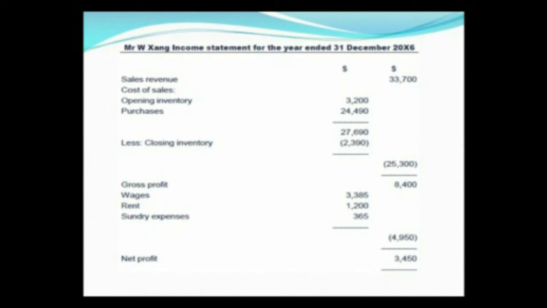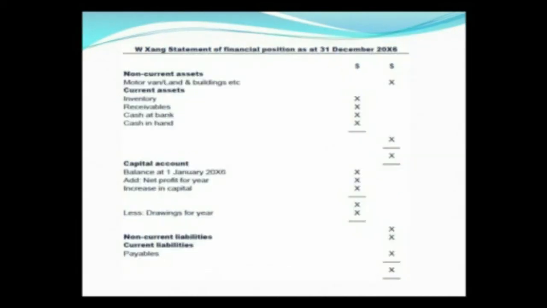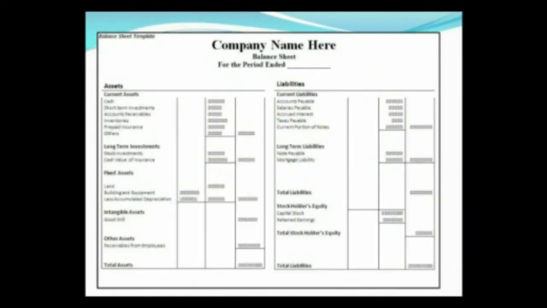From revenues, when we subtract the cost of goods sold, we get the amount of gross profit, and from the gross profit, we subtract all the operating expenses and we are able to get the amount of net profit. We will discuss the income statement in detail in the next session, but the formula will remain the same, right?